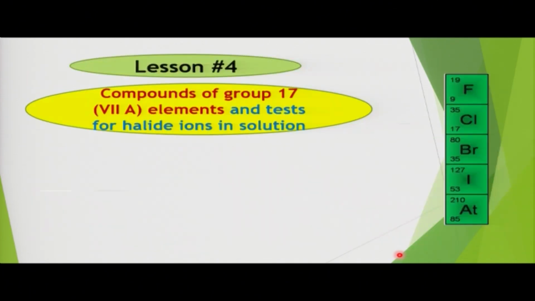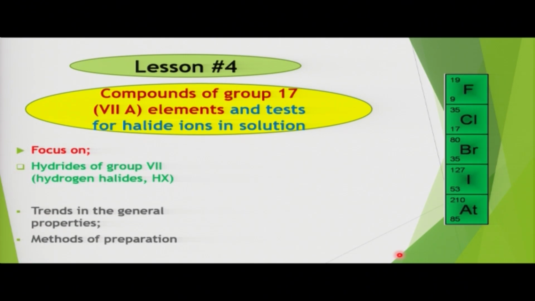Now, lesson 4, we are looking at compounds of group 7 elements, then we test those halides in solution. The focus in here will be on the hydrides of group 7. Basically what we call hydrogen chloride, hydrogen bromide, hydrogen iodide, and hydrogen fluoride.